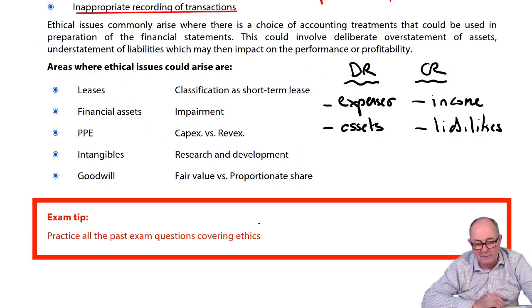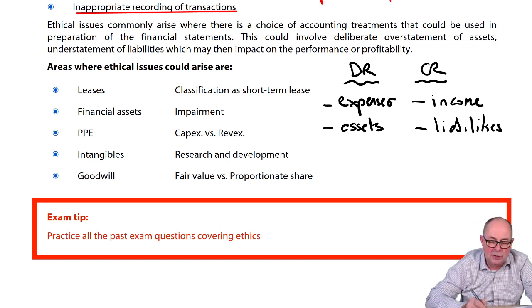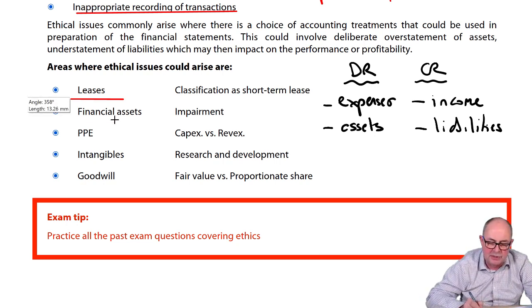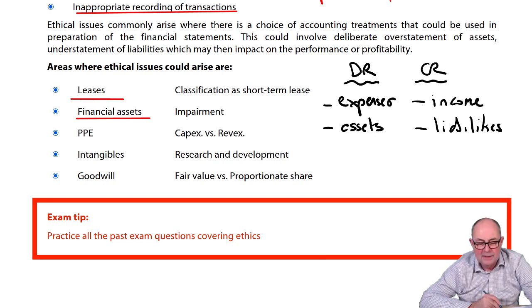You can see some of the other issues are mentioned further down the page. You would probably be familiar with a couple of them, but companies do not want leases on their balance sheet, so they could pretend they're all short term. They don't want to write down their receivables because it would reduce profit. They would prefer to capitalize all expenses in PPE.